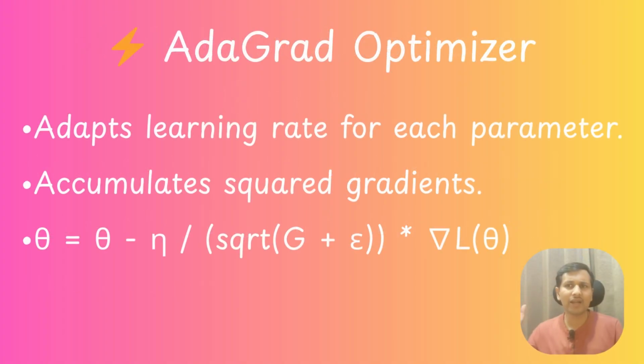Let us talk about the Adagrad optimizer. It adapts the learning rate for each parameter. It accumulates squared gradients. Theta is equal to theta minus learning rate divided by the square root of G plus sigma, multiplied by delta L of theta, the gradient of the loss function.